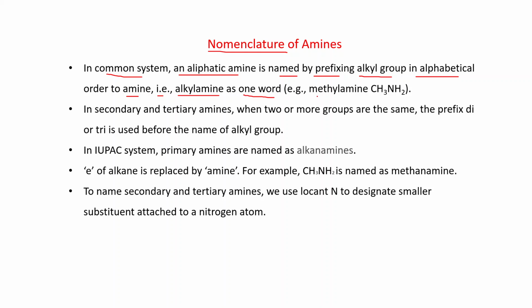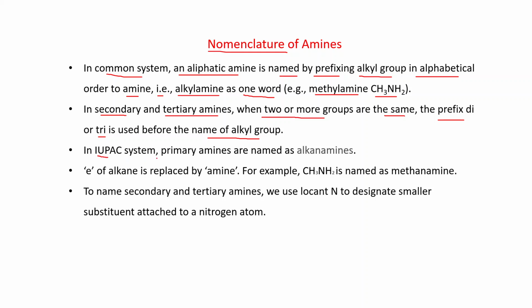For example, methylamine is represented as CH3NH2. In secondary or tertiary amines, when 2 or more groups are the same, the prefix di or tri is used before the name of the alkyl group.